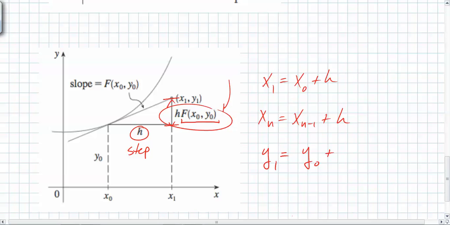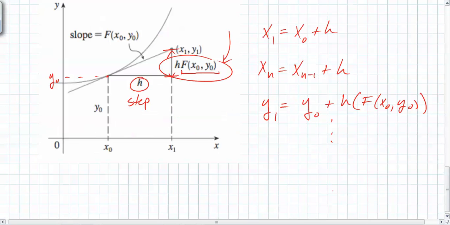This right here, that's y naught right there. h times f of x naught, y naught. Exactly. So if we generalize this, what is yn equal to? yn is equal to y sub n minus 1 plus h times f of x sub n minus 1, y sub n minus 1.